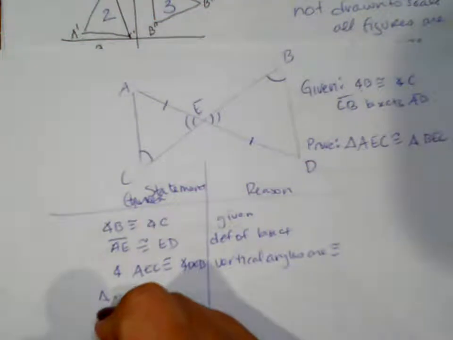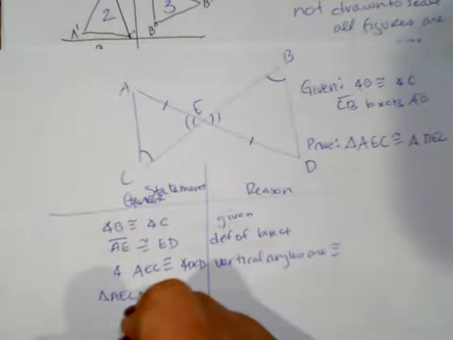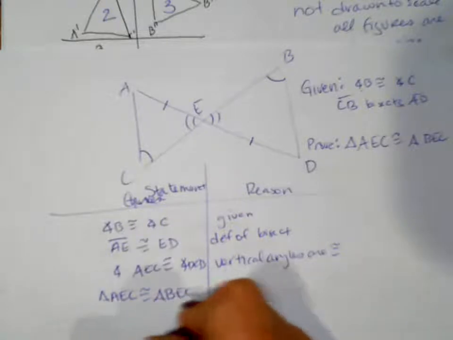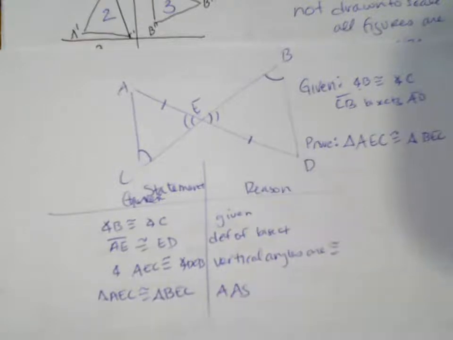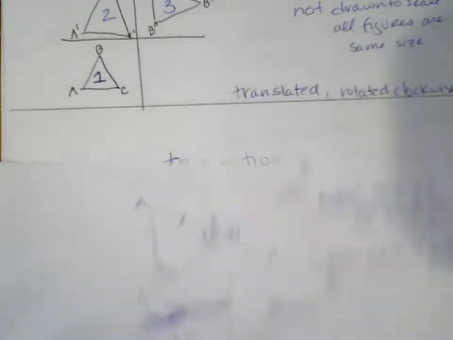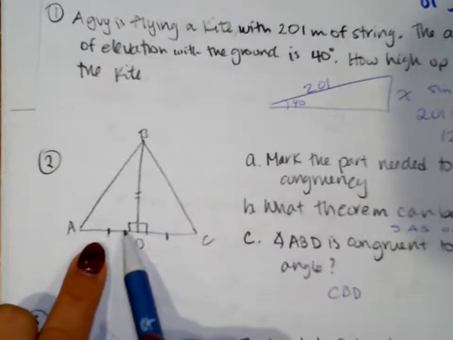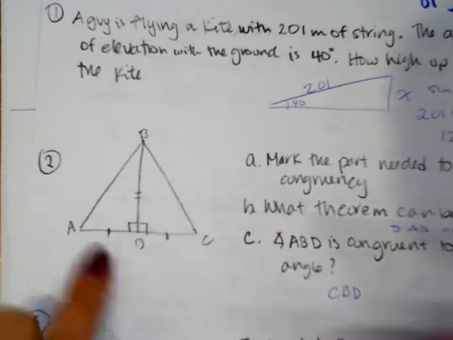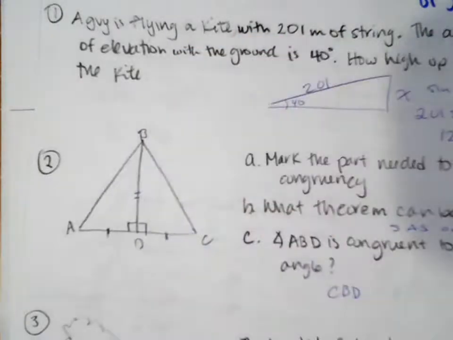And then I can say that triangle AEC is congruent to triangle BEC because of angle, side, angle. Right, that's a proof. It doesn't have to look like that. It can look like this one. They can tell you, prove this one. I could have just given you these two, and you could have proved it by angle, side, angle. If they give you this outside one right here, it could have been hypotenuse leg. So that's what it means by a proof.